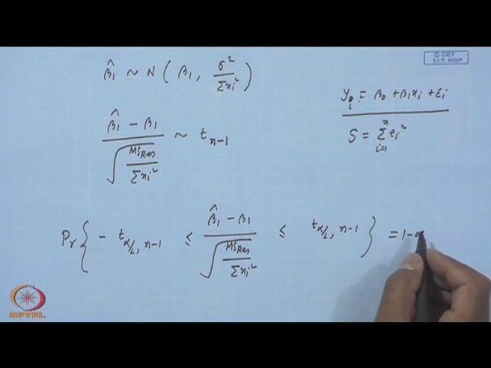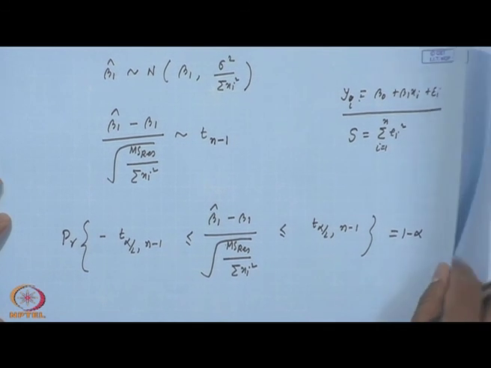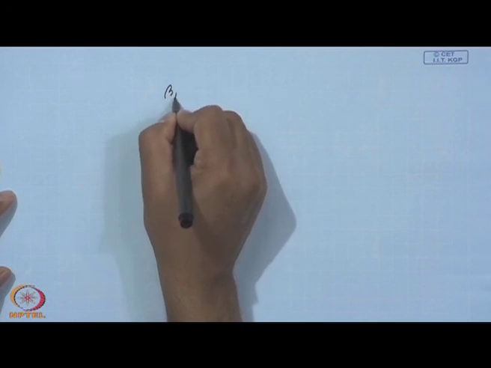Finally, we have the interval for beta 1.